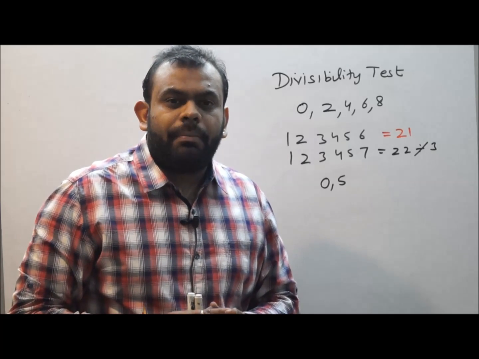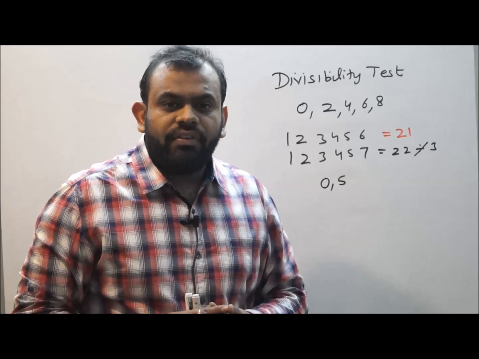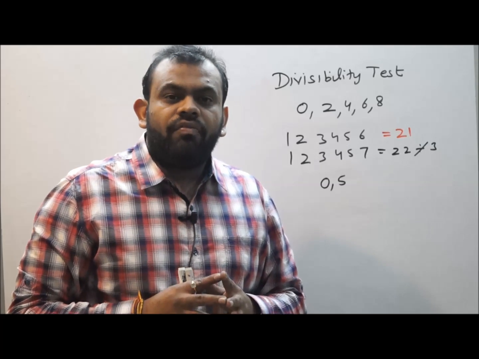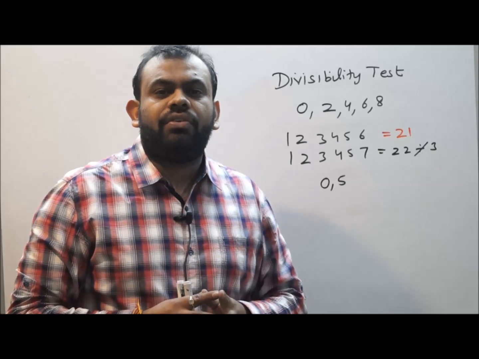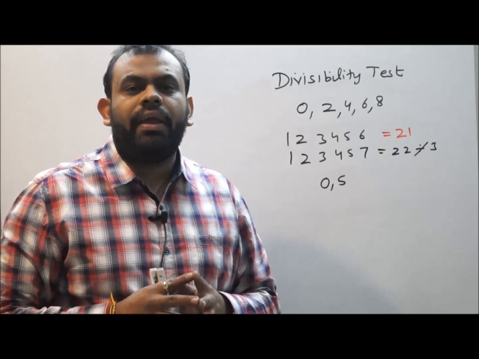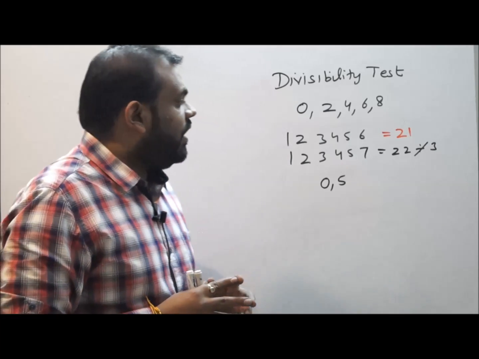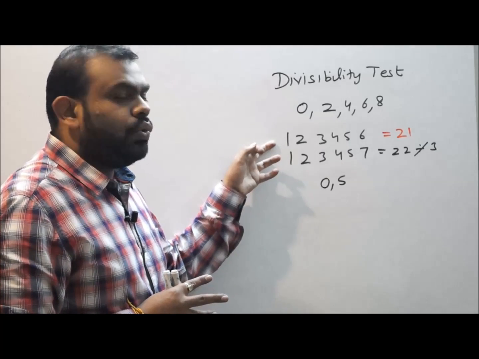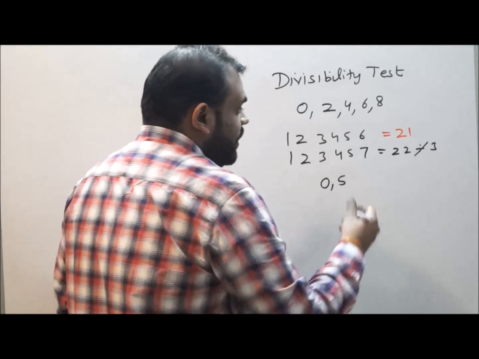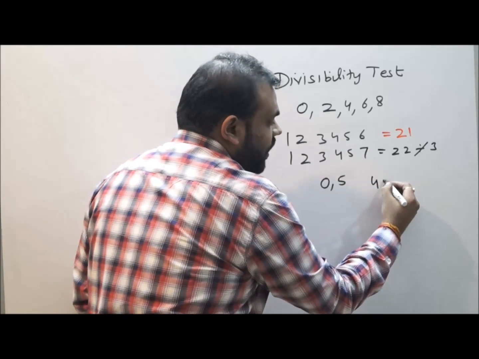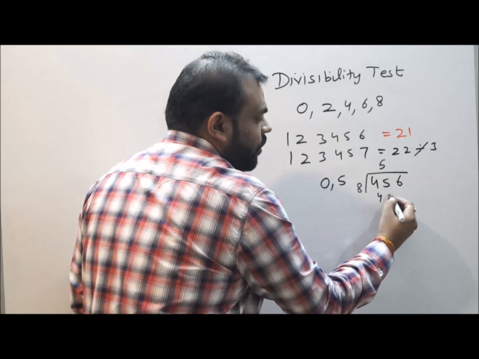Moving on to the next number, that is divisibility test of 8. For divisibility test of 8, we need to check the last 3 places. If the last 3 places of a number are divisible by 8, then the number is divisible by 8. Let us take the example of 123456. We can see that the last 3 places are 456. If I divide it by 8, 8 5s are 40.